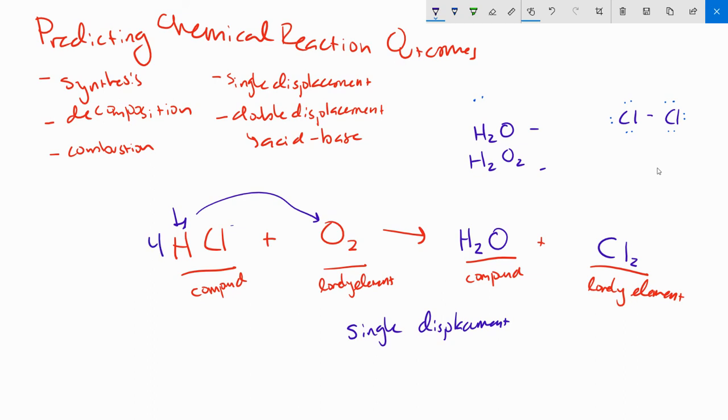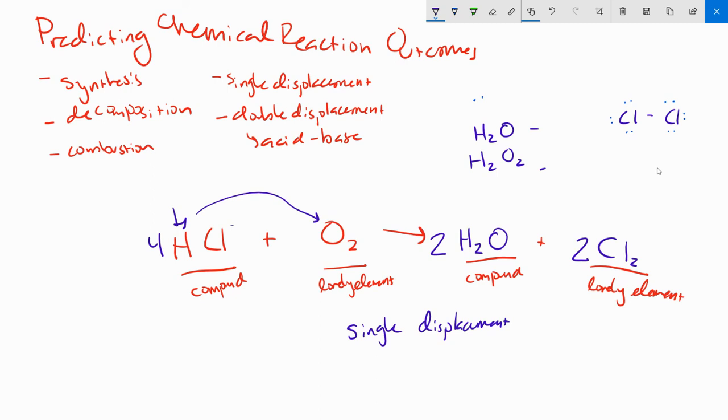I end up with 4 hydrochloric acids, 1 oxygen gas, 2 H2Os, and then 2 chlorines. So I have 4 chlorines on this side, 4 chlorines on this side. I have 4 hydrogens, 2 oxygens, 2 oxygens. Okay, so this would be my final one.